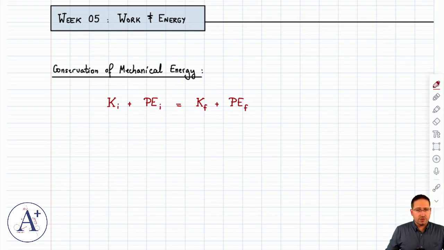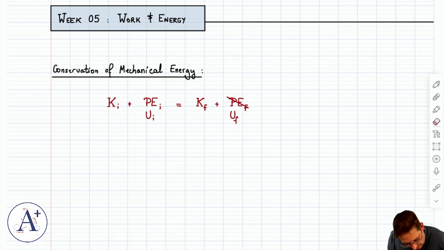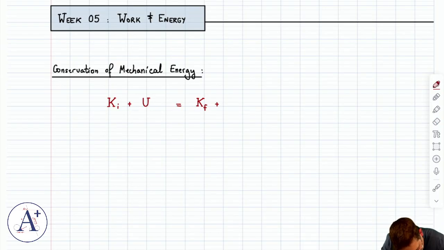Out of habit and over years, I tend to write potential energy as capital U instead, so it'd be U initial and U final. It doesn't matter, it's all the same. So you can pick whichever one makes the most sense to you. I'll just go ahead and use capital U just because at this point it's really just habit.